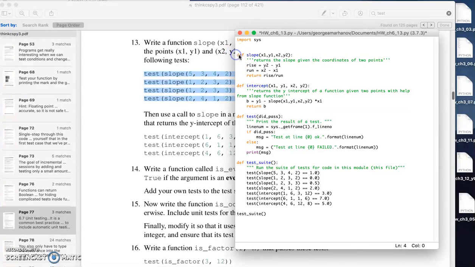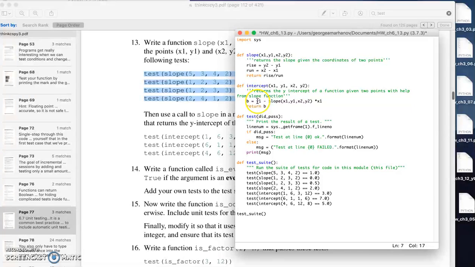That was part one, the slope part. And part two, they wanted the intercept. They wanted to find the y-intercept with this intercept function. And if you recall, slope-intercept form is y equals mx plus b. What I did was I solved for b. I subtracted that mx part over to the other side.